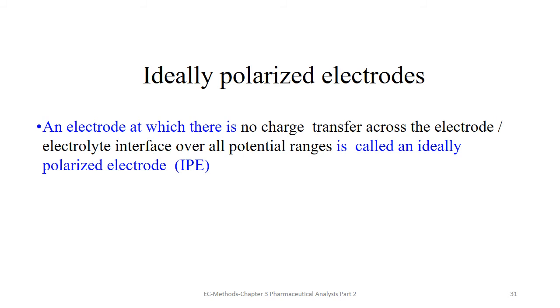First of all, the ideally polarized electrode. An electrode at which there is no charge transfer across the electrode or electrolyte interface over all potential ranges is called an ideally polarized electrode.